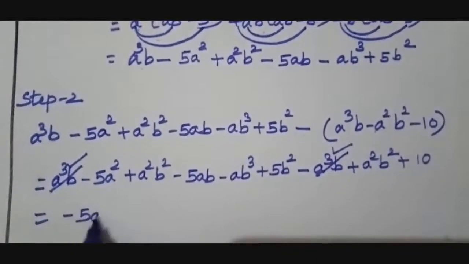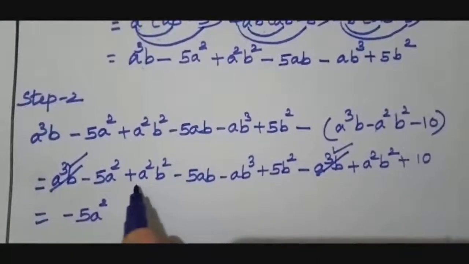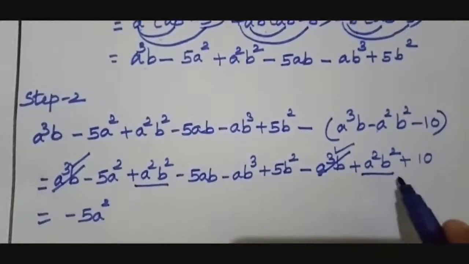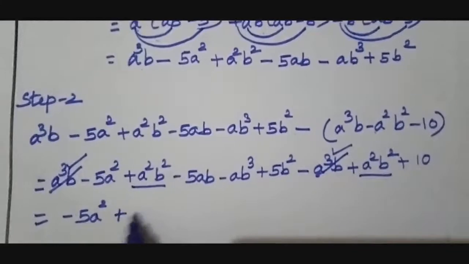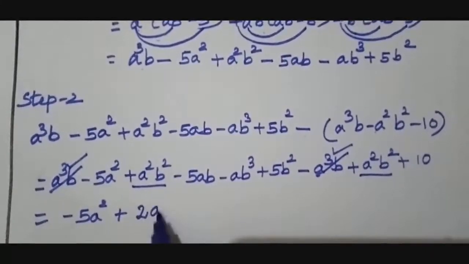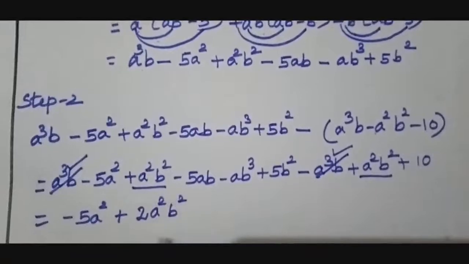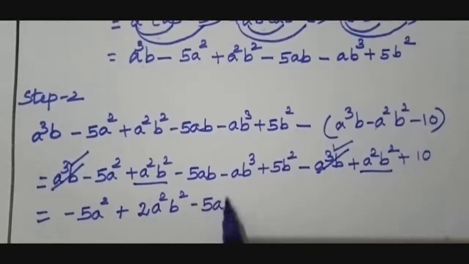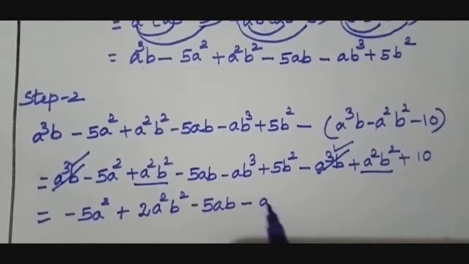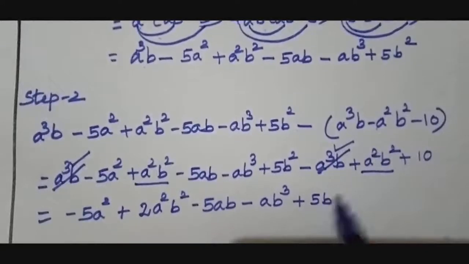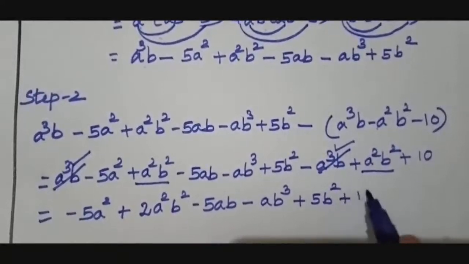Minus 5a square, here plus a square b square and plus a square b square, which is equal to a square b square plus a square b square is 2a square b square, minus 5ab minus ab cube plus 5b square plus 10.